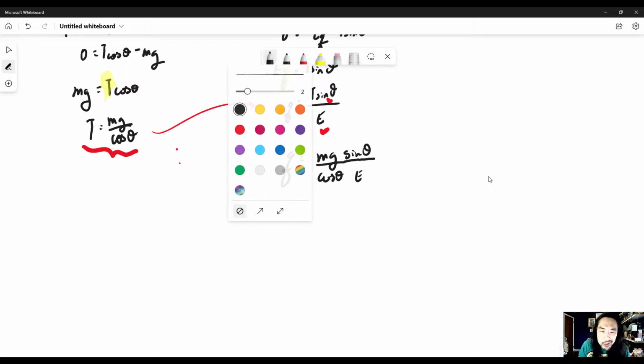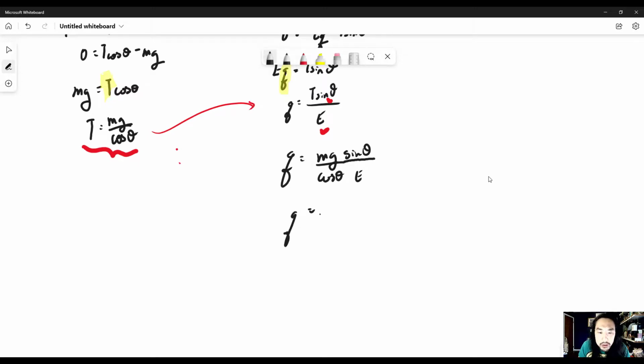In fact, we can clean this up. So we get Q is equal to mg sine divided by cosine, which is just simply tangent of theta, divided by E. And all we have to do at this point is plug in our values.